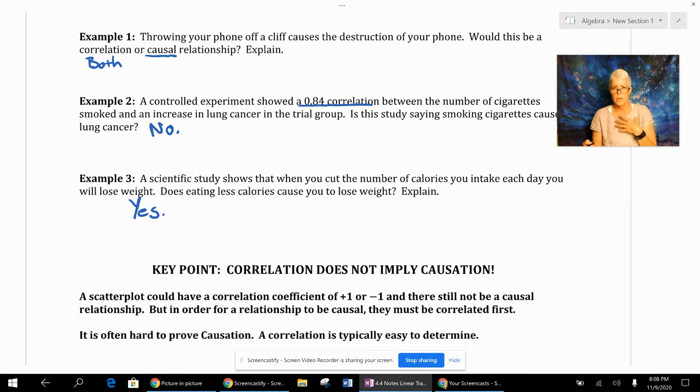But there is scientific proof, because the idea is that the more calories you burn and the fewer calories you take in, it causes a deficit and you lose weight. So clue in on that. When you see something that talks about a scientific study that's proving something, almost always you can say that is causation. So that's just a little hint about causation: some sort of scientific study that's proving it one way or the other.